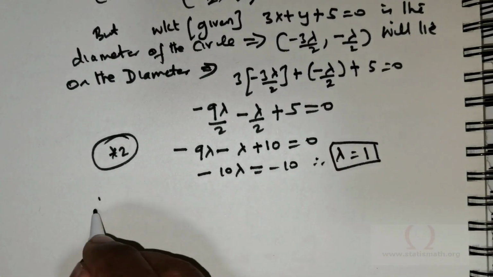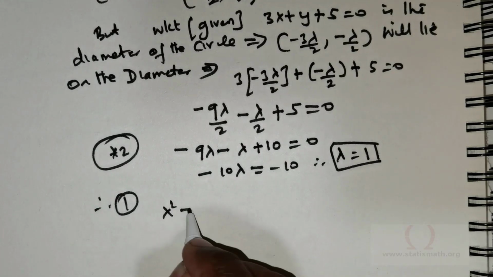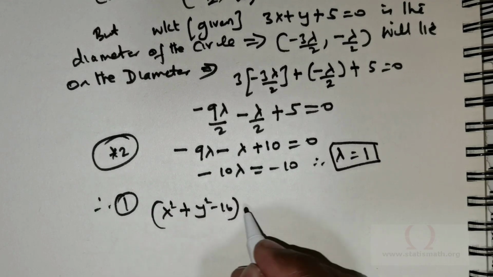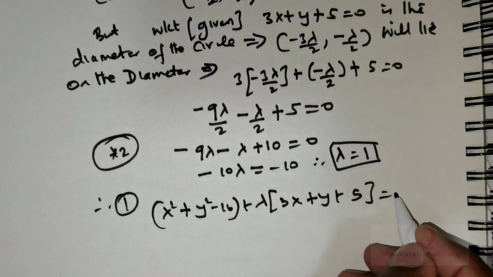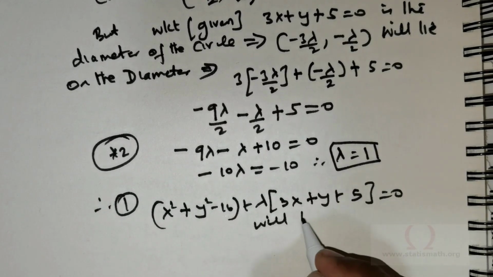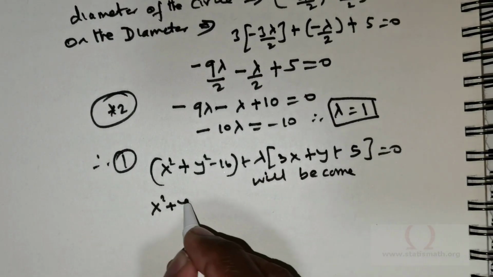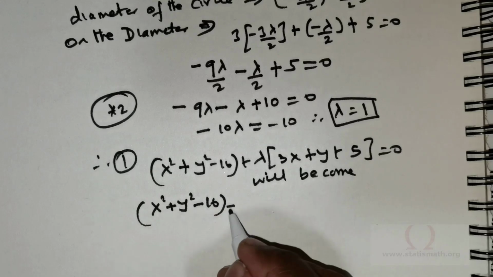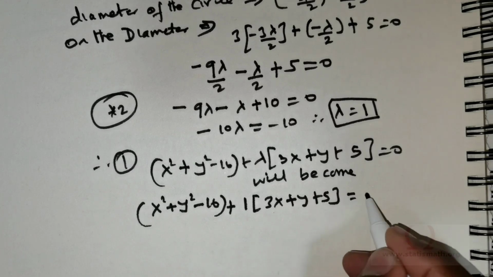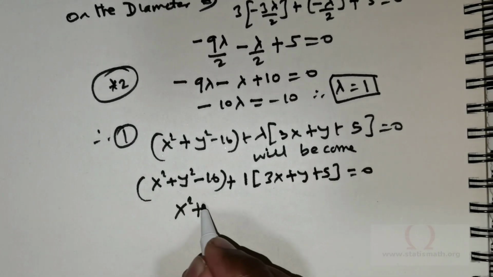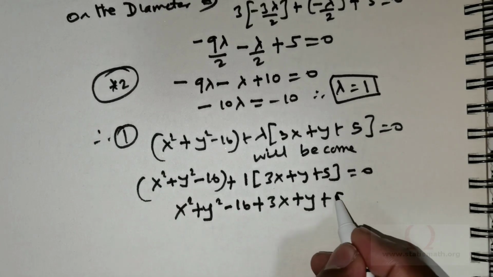So the first equation which we have taken, of the form x² + y² - 16 + λ(3x + y + 5) = 0, with λ = 1 substituted, becomes x² + y² - 16 + 1(3x + y + 5) = 0. So this is x² + y² - 16 + 3x + y + 5 = 0.